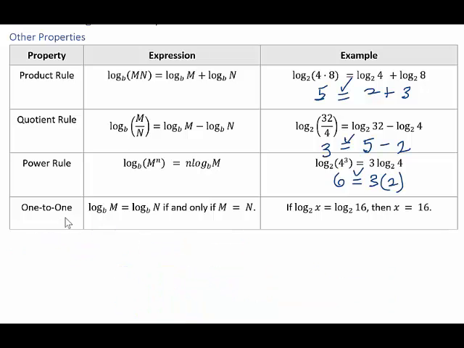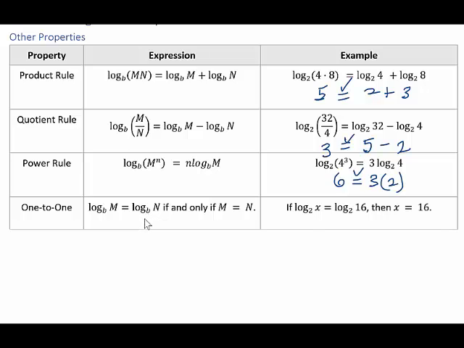And one more property, the one-to-one property, says if log base b of m is equal to log base b of n, then the arguments have to be equal, so m is equal to n, or vice versa. So if m equals n, then log base b of m is equal to log base b of n. You can take log of both sides.